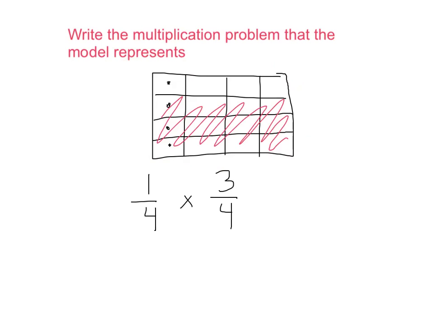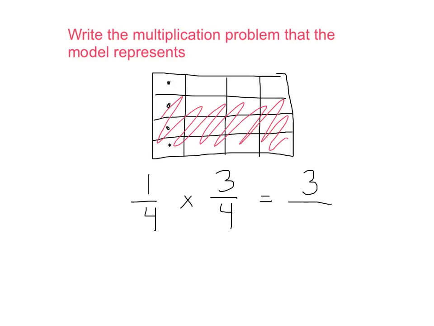1/4 times 3/4. Now, you can already spot what my answer is going to be, because my answer is going to be how many of my squares contain both a dot and shading. And you can see right here in this little area, I have 3 squares that have both a dot and shading that are overlapping.